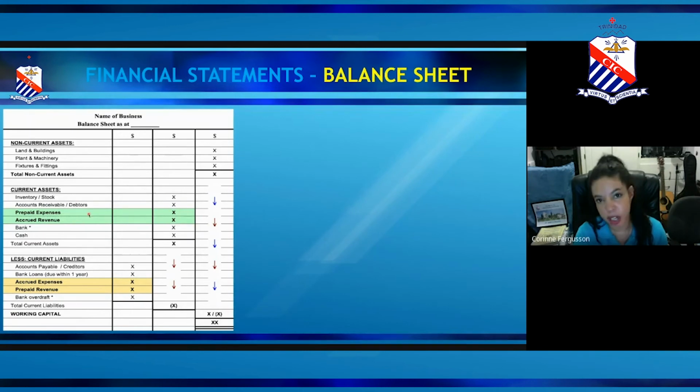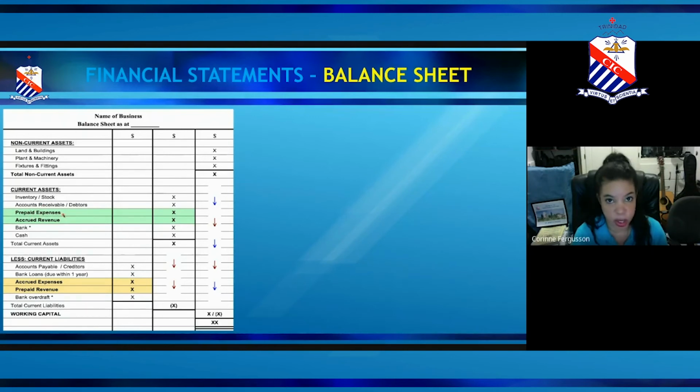But because we have now done accruals and prepayments, this is shaded and this is the emphasis, you now have this that is new. And down here for current liabilities is as normal, but you just have these two things that are new. If you realize, the new things are just placed kind of smack in the middle. So it's inventory and accounts receivable, and then you have these two.